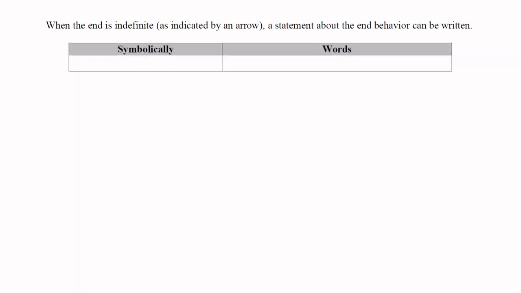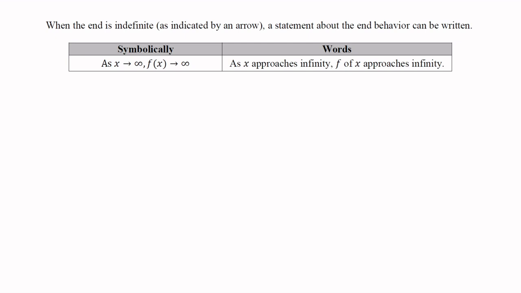Symbolically, it is read as x approaches infinity, f of x approaches infinity. The arrow is used to indicate the word approaches.